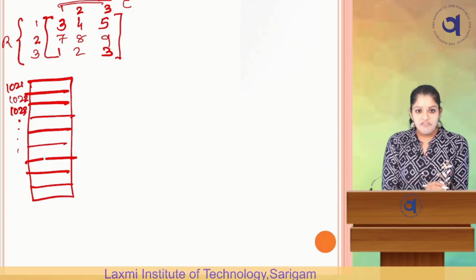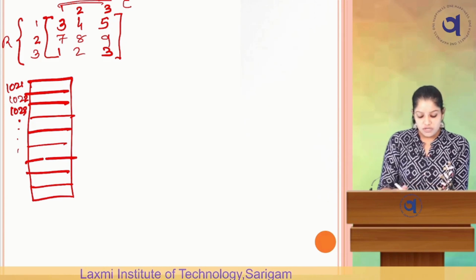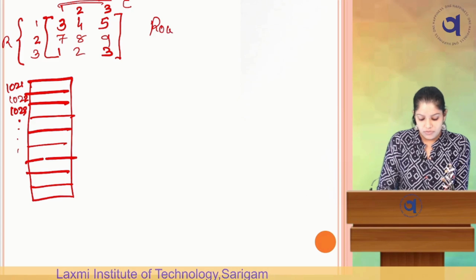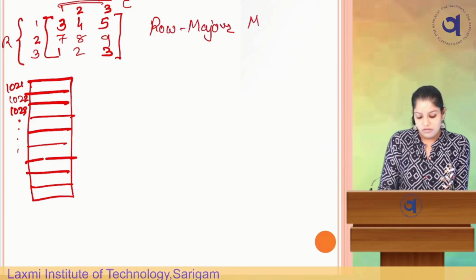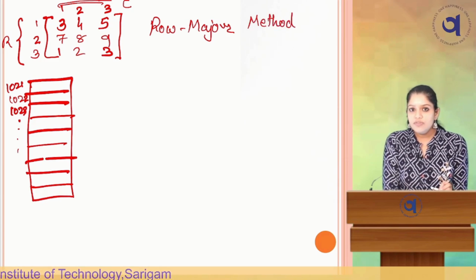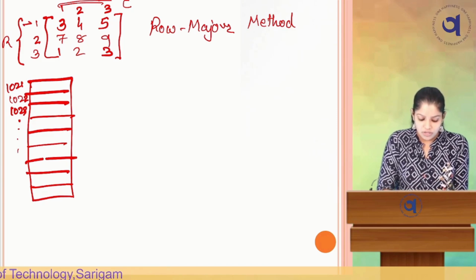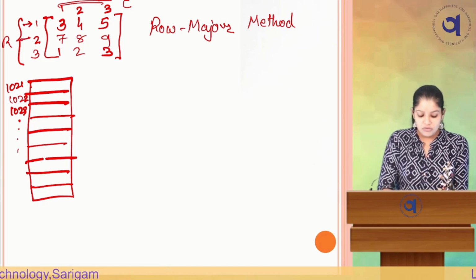Now, if I am using the row major method, what do we need to do? We need to go row wise. That means first we need to complete the first row, then the second row, and then the third row.